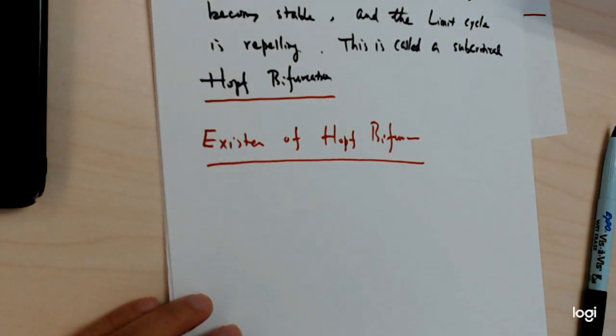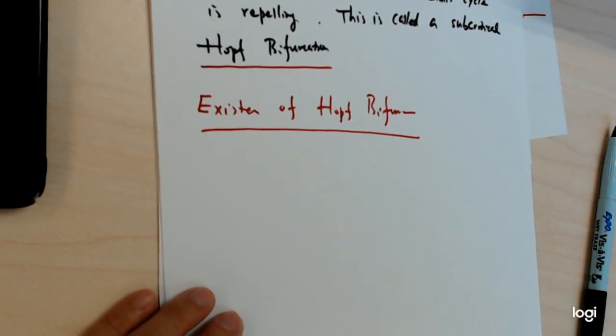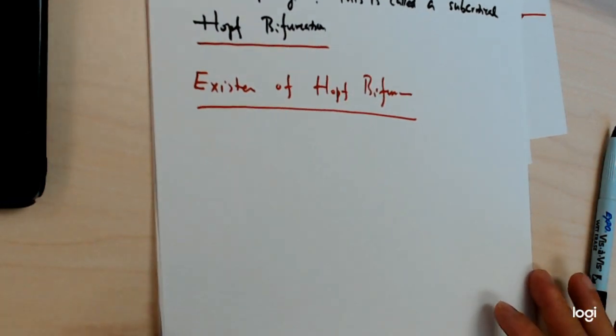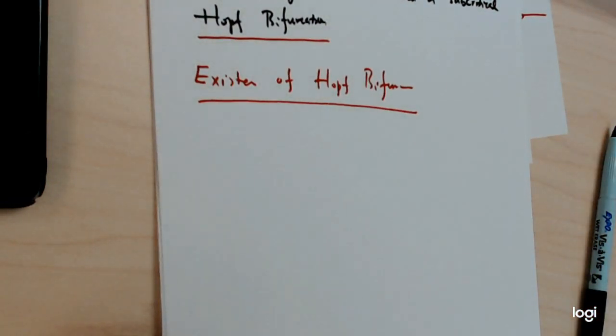There is one theorem that I would like to write down, and you don't necessarily have to understand this. For this class, just understand the meaning of Hopf bifurcation, not prove it.